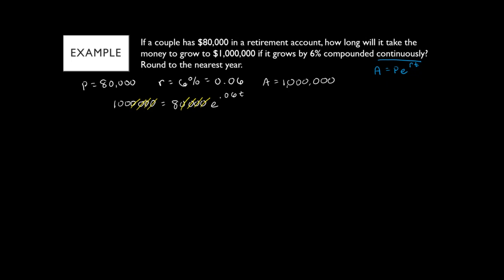When you've got large numbers like this, it might be a lot easier to look at this without all of those zeros. So I can basically divide both sides by 10,000, which cancels out 4 zeros, and we end up with 100 equals 8e to the 0.06t. It's just easier to look at, especially when you're using your calculator.